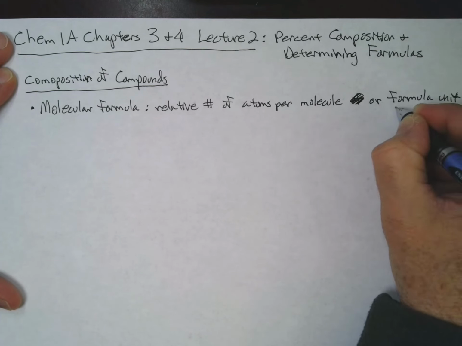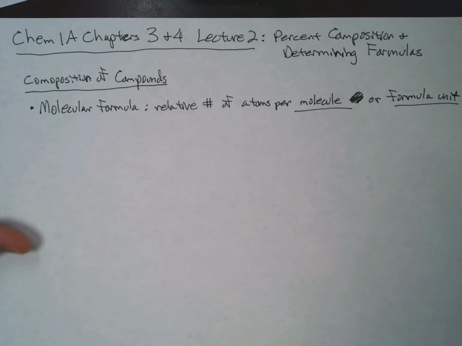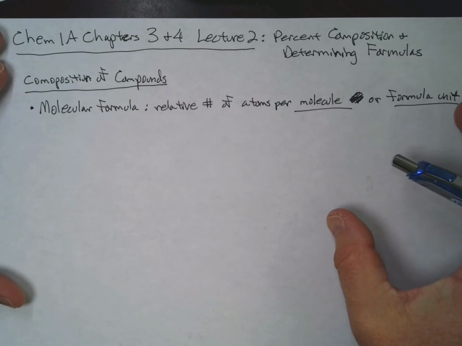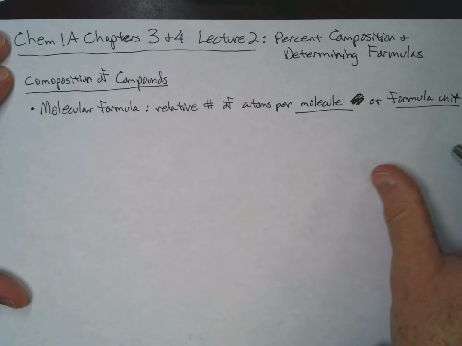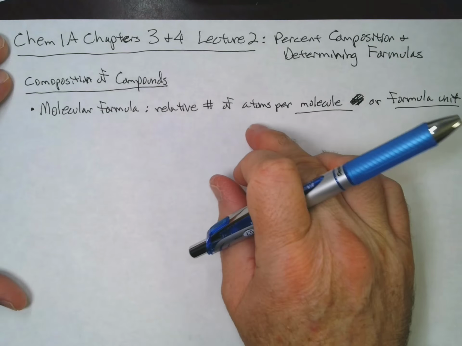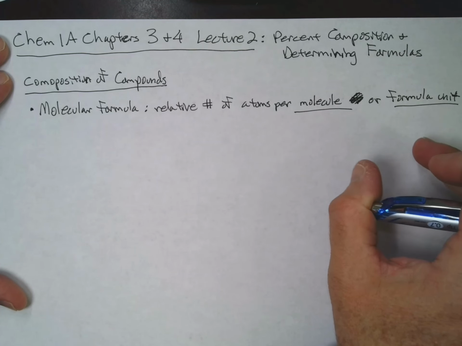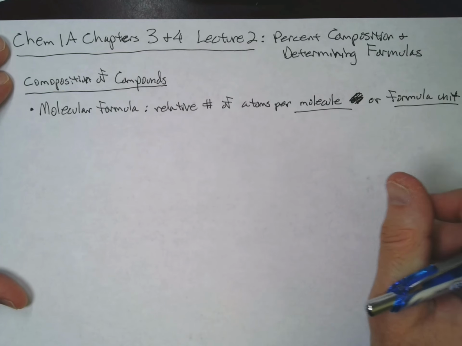What's a formula unit? Well, it's when we break things down so that we're looking at the lowest whole number, relative numbers of atoms in a small portion. Because not all compounds form individual molecules.